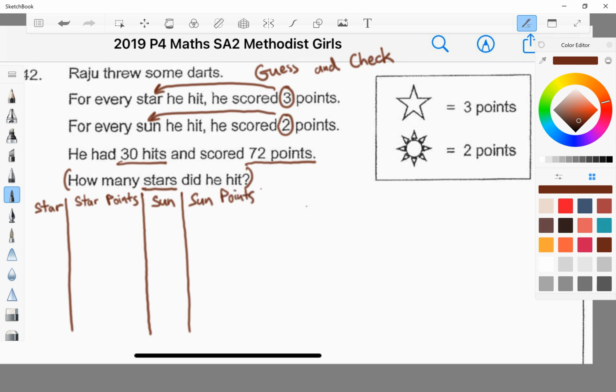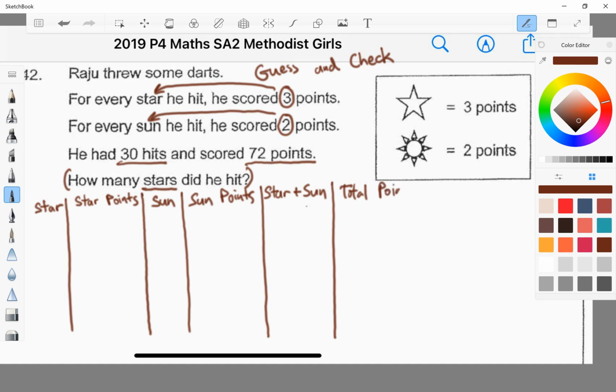Then we have total hits, or rather, this refers to the star plus the sun. Okay, the star plus the sun. Then we will go into total points.